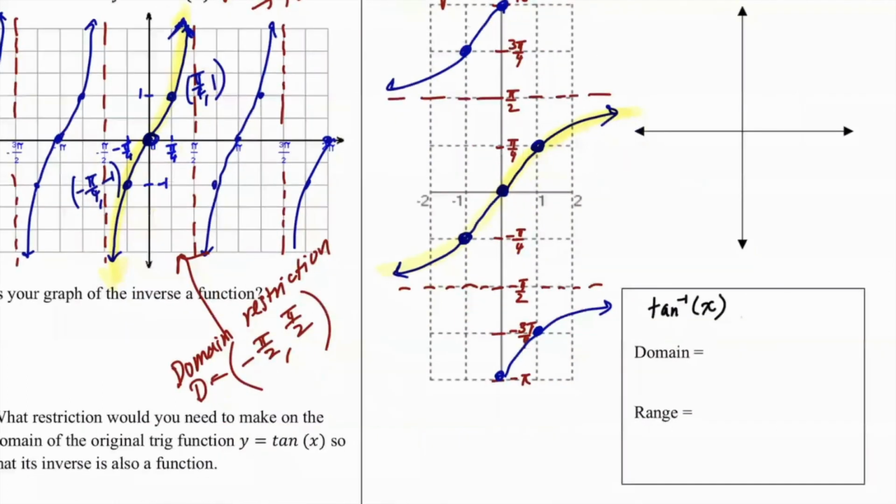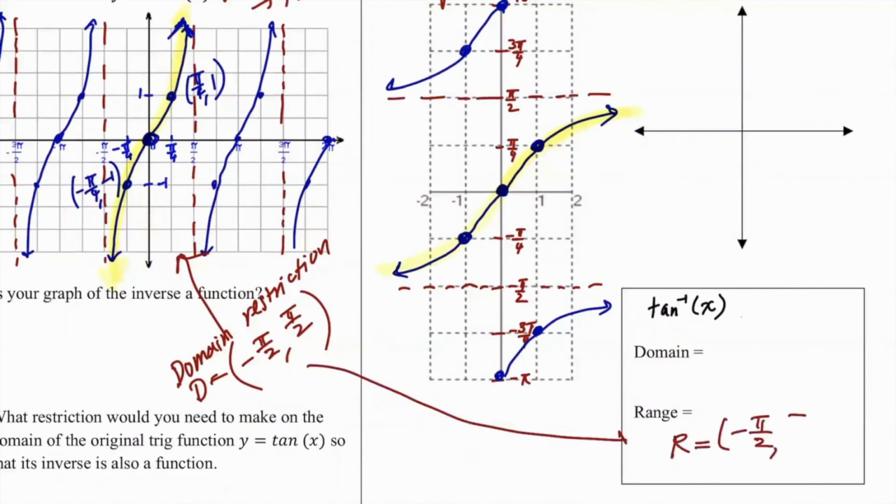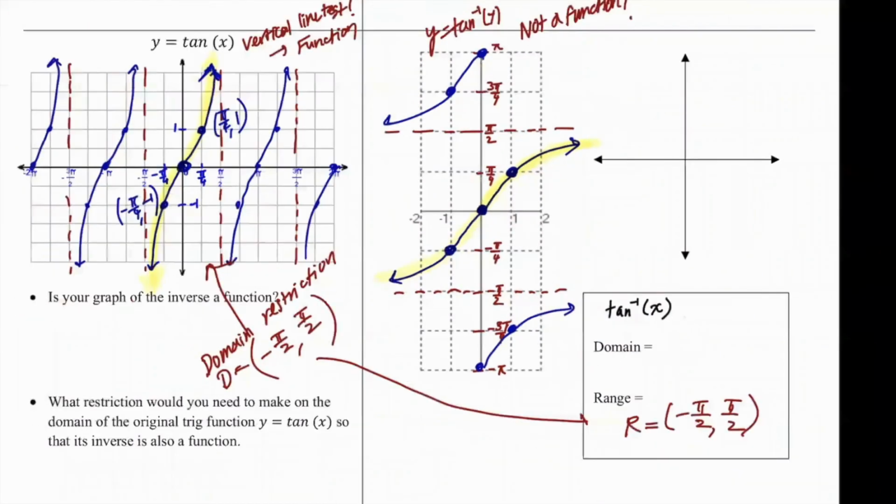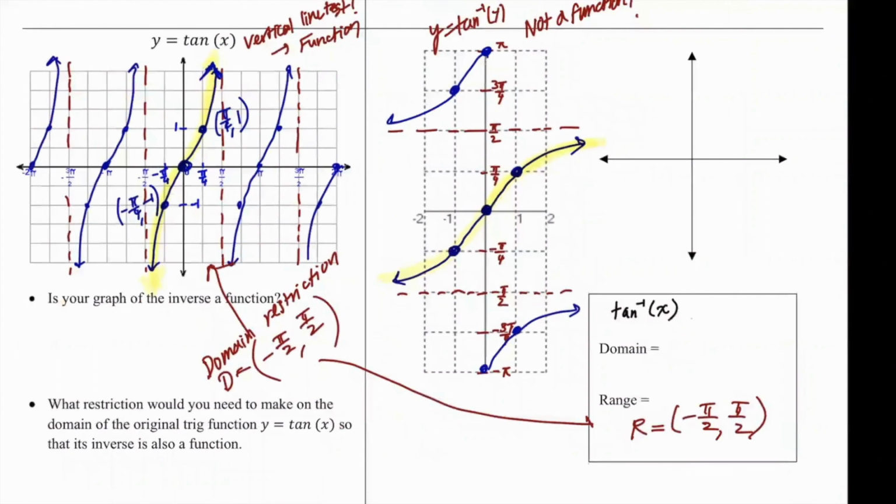Okay, so then the range becomes -pi over 2 to pi over 2, because domain and range for inverses switch. And I am going to make my final inverse tangent graph, which is just this part.